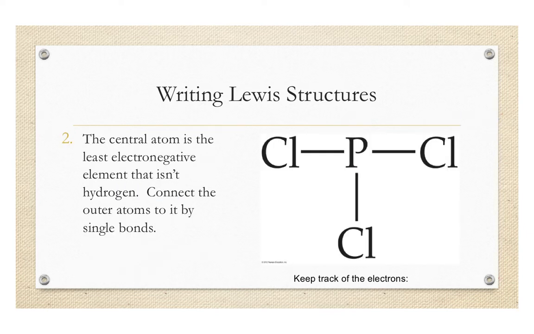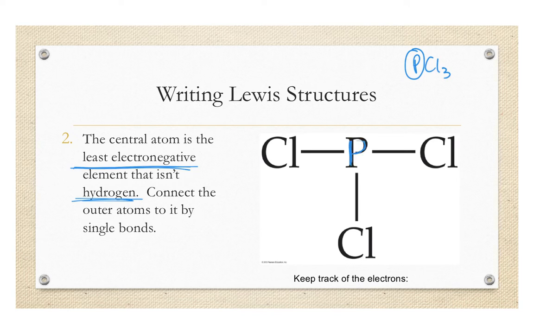Then I'm going to figure out which atom in my compound is the least electronegative, the least electronegative that isn't hydrogen. In the case of PCl3, if I use my trends, I will see that P is less electronegative than chlorine. So I'm going to put that in as my central atom.